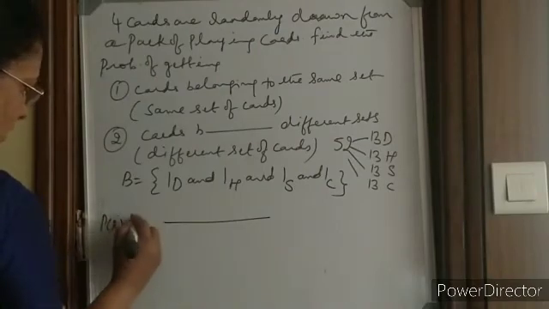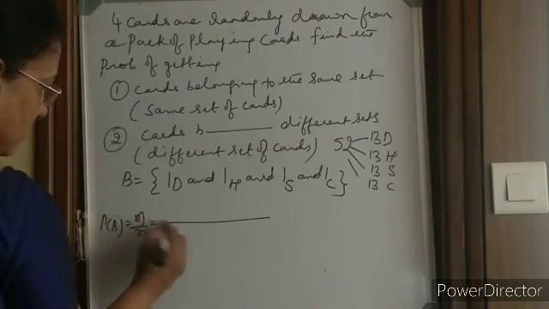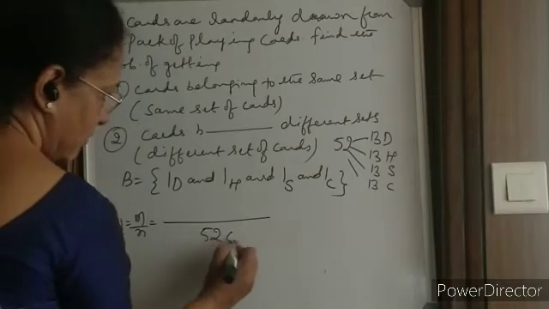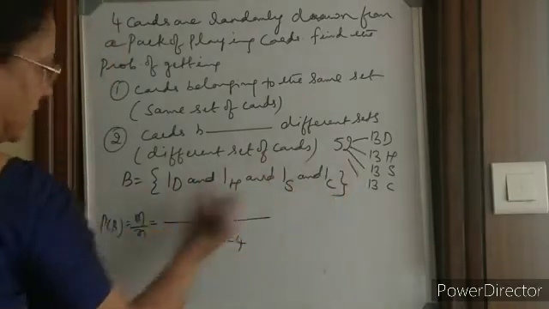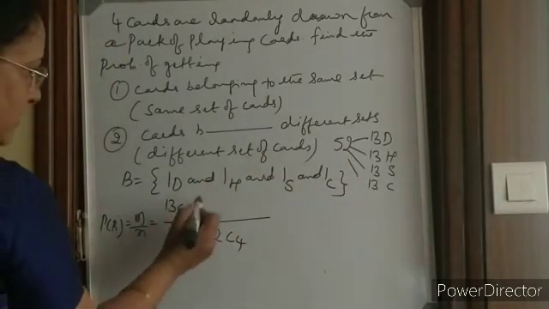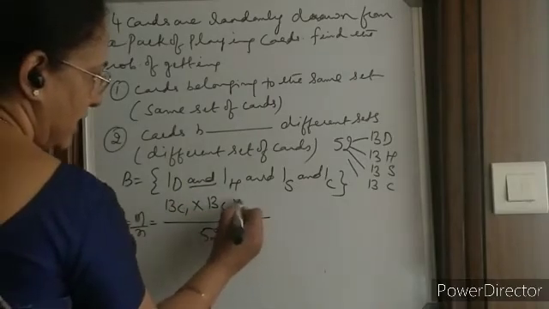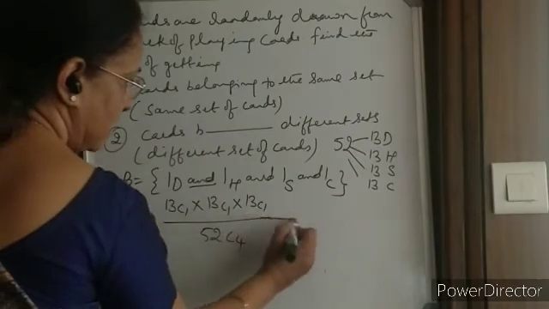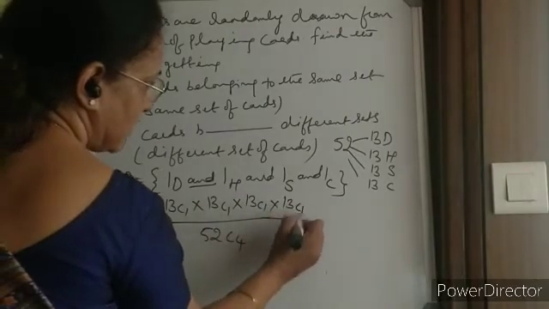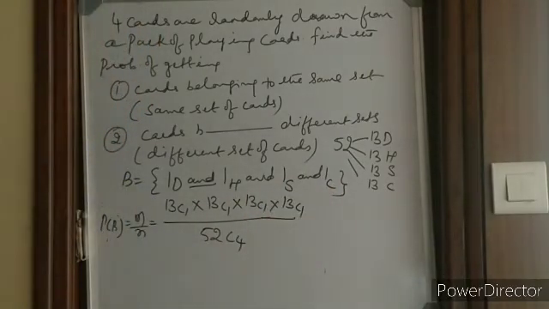So this will be the same probability of B. Every time you have to go on writing the formula, no other way. So 52 C4. Now diamond 13. So 1 out of that, 13 C1, and is there, so into 13 C1. Again 13 C1 into 13 C1. Now further you have to simplify that. Okay.